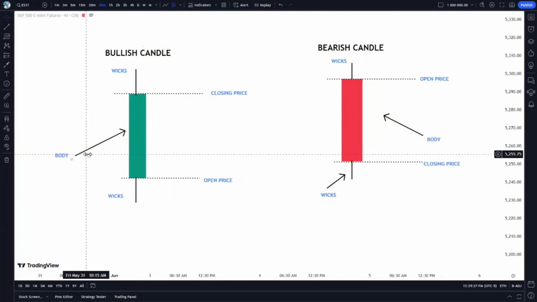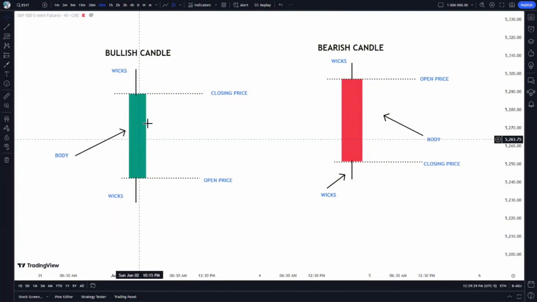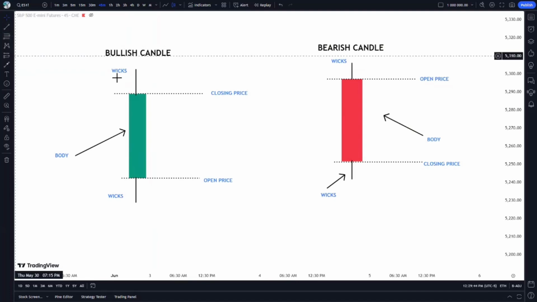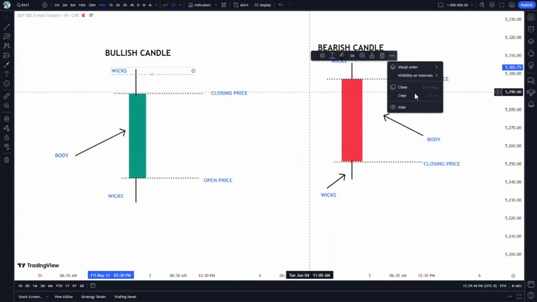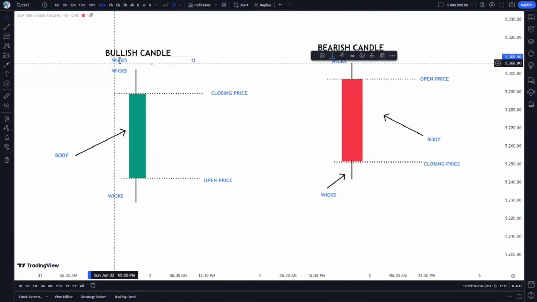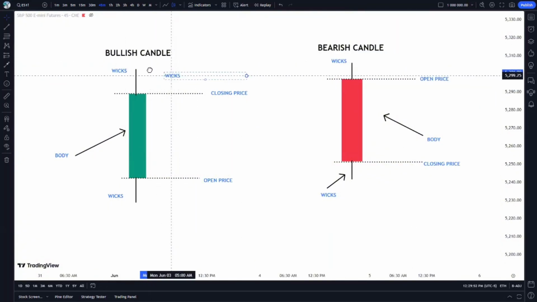So the body of the candle is where the traded price is between the open and the close. So that's the body. The wicks would be the highest point. Let me go ahead and add that too. The wicks would be the highest point that the market touched on that specific candle.